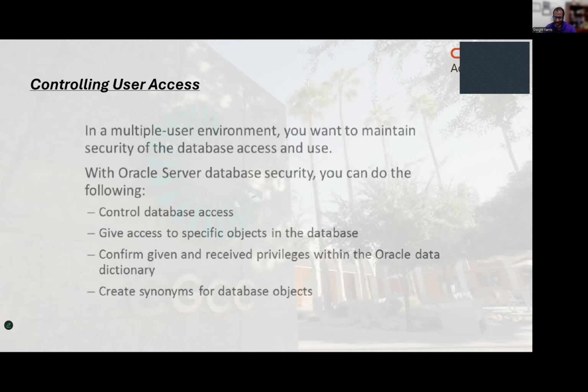Those are objects in your Oracle database. You can also confirm and view privileges within the Oracle Data Dictionary, and even create synonyms for database objects. And we already did that. That's actually an add-on for this section that we already covered. Yes, we did synonyms. I should take that off of there. I did change that. But anyway, we're not going to go through synonyms again, so don't worry about that.